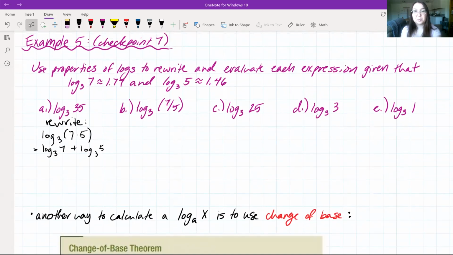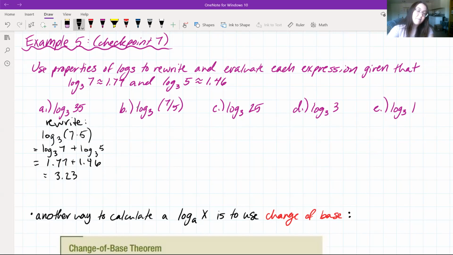So we're just going to replace these values. And since log base 3 of 7 is about 1.77, we can say 1.77 plus log base 3 of 5, which is 1.46. All right, now we can just add these up together to find out what log base 3 of 35 is. And we should get 3.23.